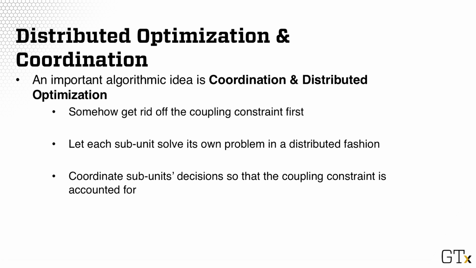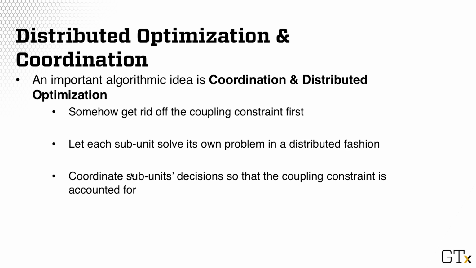And these subunits can solve their own problems in parallel or in a distributed fashion. There is no central controller or central planner to make that decision for each unit. Each unit can do whatever fits its own problem. And then all the subunits need to coordinate.